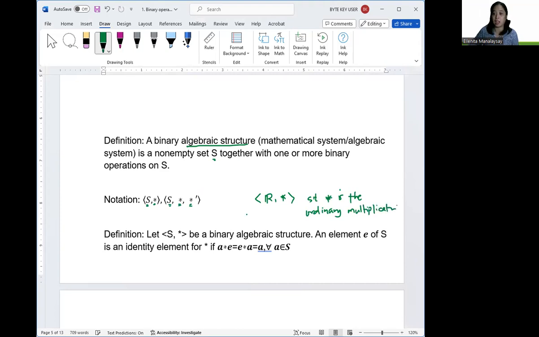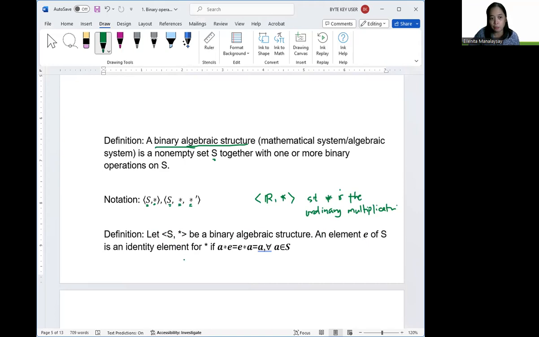So that is an algebraic structure. Okay, let's consider this definition. Let this be a binary algebraic structure.